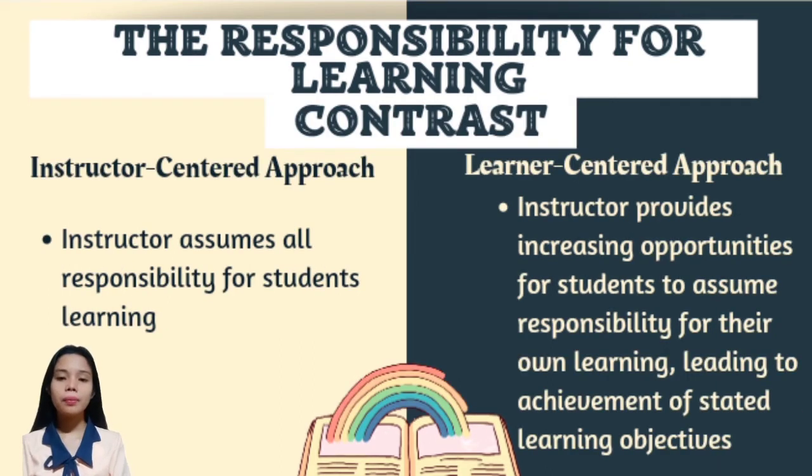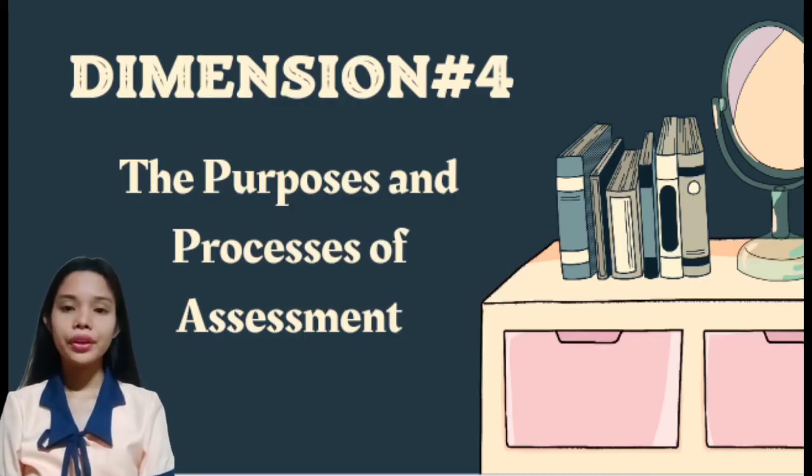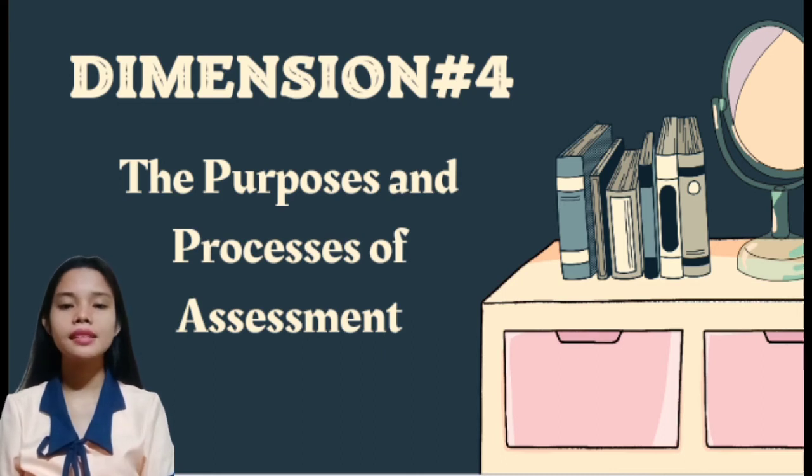In the teacher-centered approach, the instructor assumes all responsibility for students' learning, provides content to memorize, does not require students to create their own meaning of content, and tells students exactly what will be on examinations. In the student-centered approach, the instructor provides increasing opportunities for students to assume responsibility for their own learning, leading to achievement of stated learning objectives.